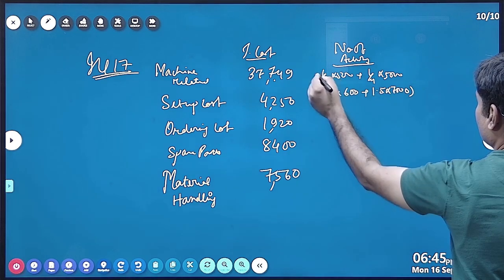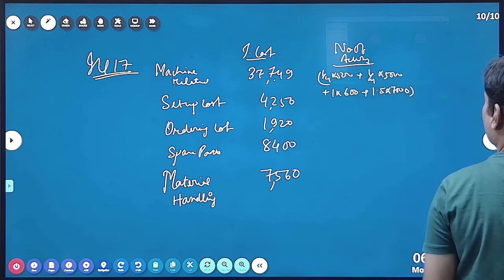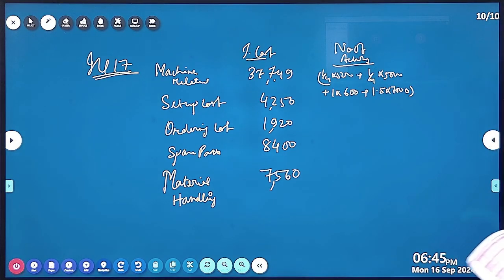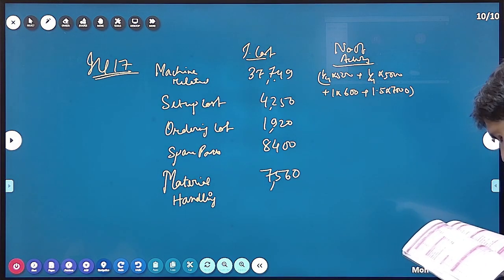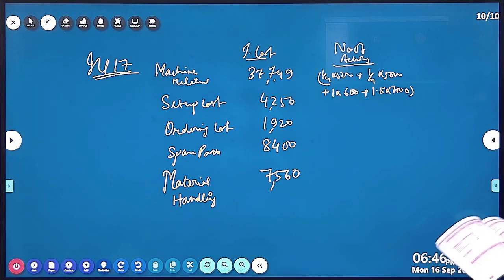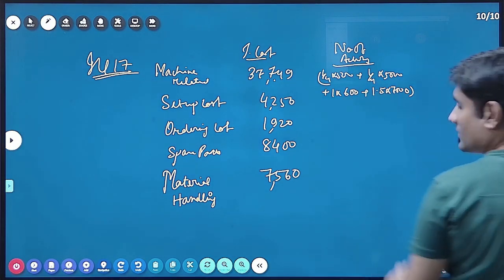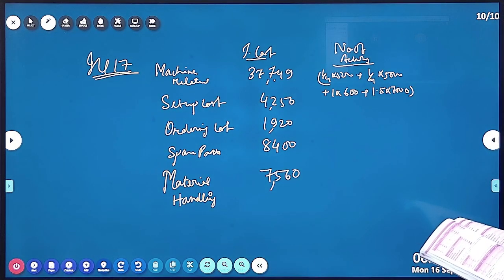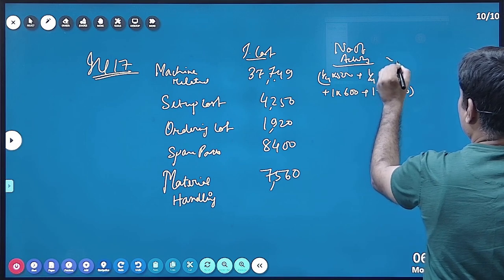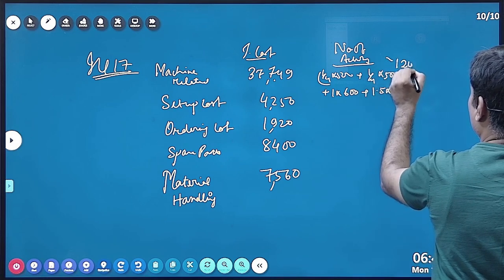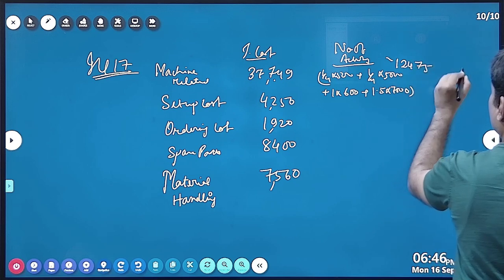How much it will come? 10,500. Total 12475.